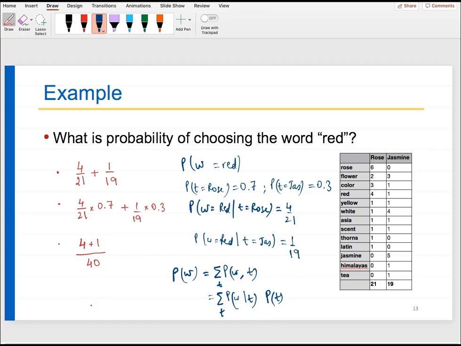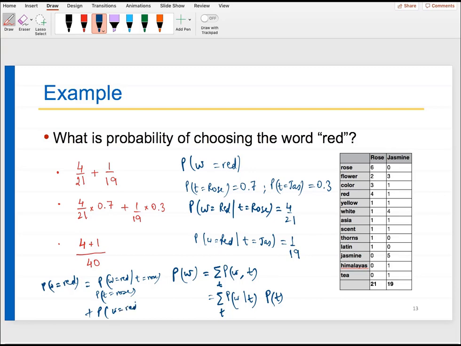So now what is probability of W is equal to red? This is equal to probability of W is equal to red given topic is equal to rose into probability of topic equal to rose, plus probability of W equal to red given jasmine into probability of jasmine. I'm just summing over all the T now.